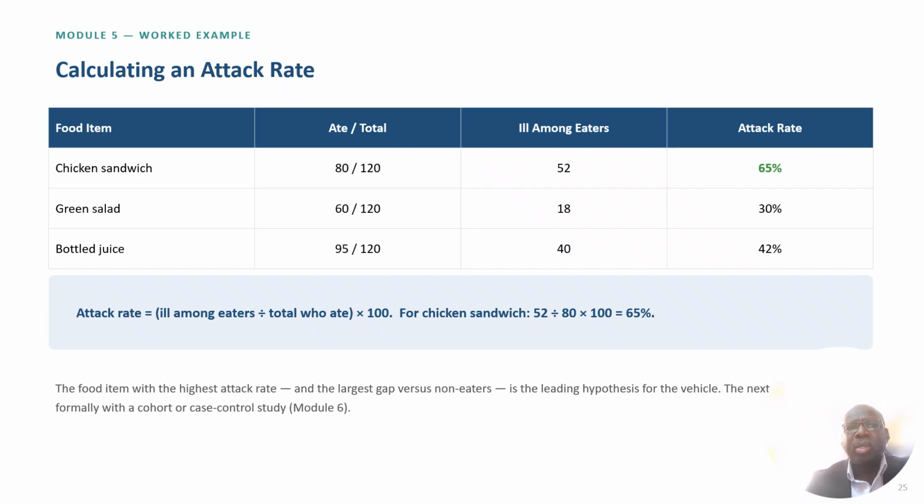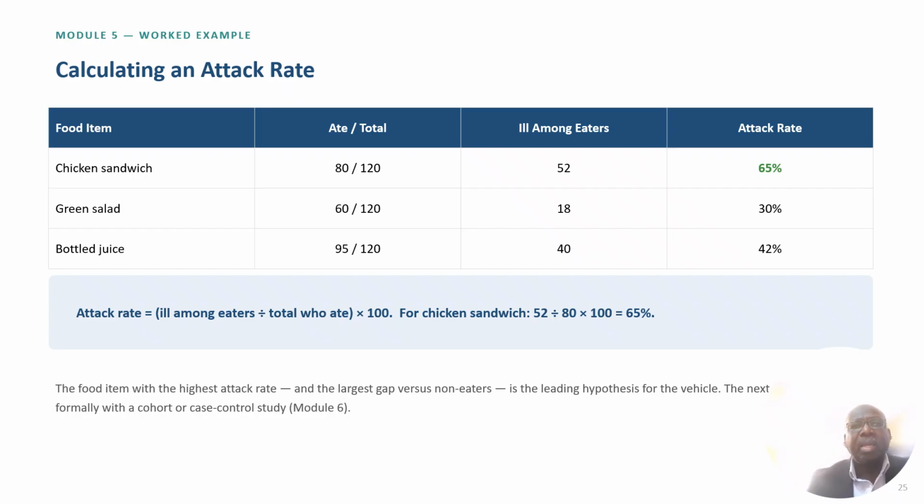The attack rate is usually calculated as the number of cases among those who are exposed. The total number who got the disease should be divided by the total number who attended, like those attending the weddings.